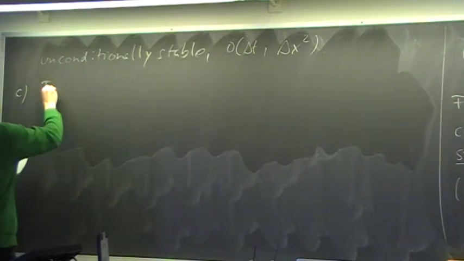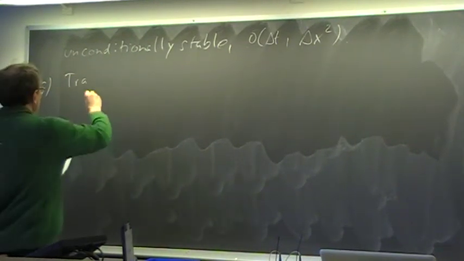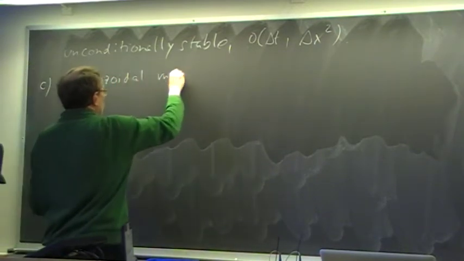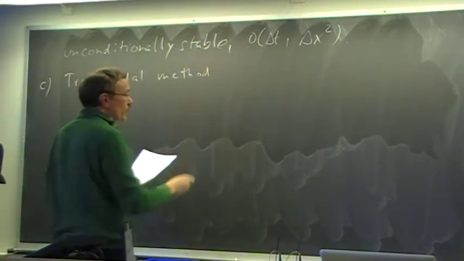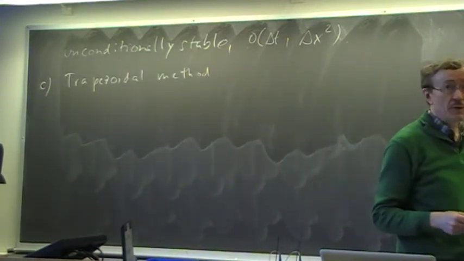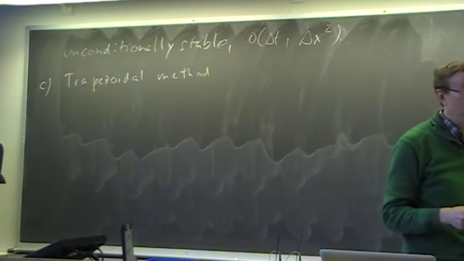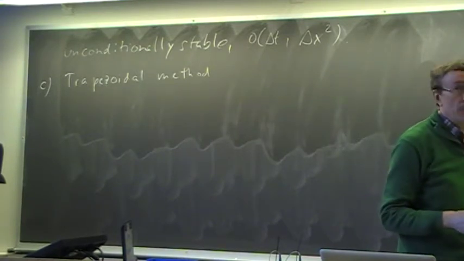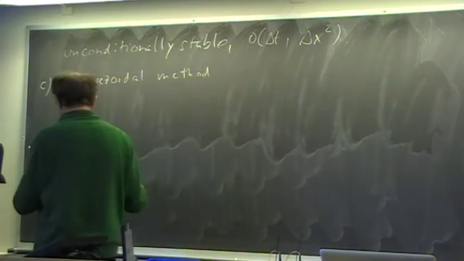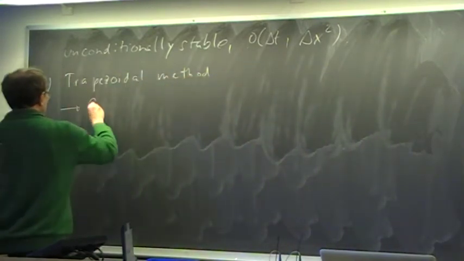Remark 2 from yesterday was if we solve this system by the trapezoidal method. Remember that we did actually use an average of the center differencing at the old time level and the new time level. That is actually what the trapezoidal method does. So that produced the Crank-Nicolson method.